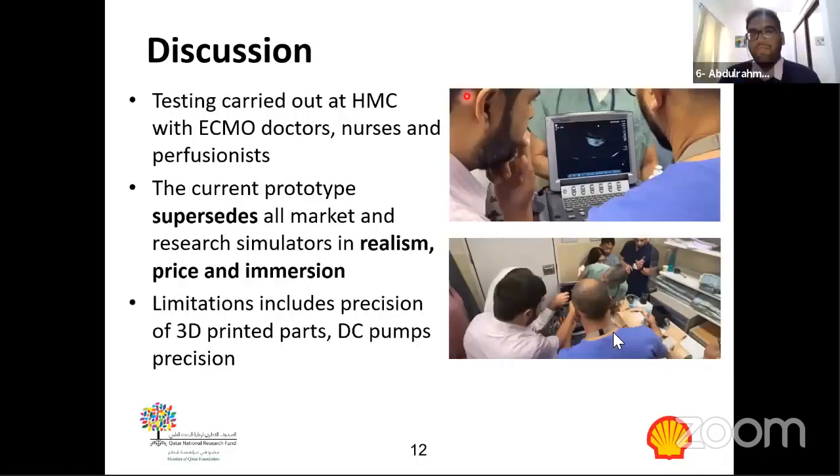Did you compare your approach with another approach? In Poland, they have a prototype of an extracorporeal membrane oxygenation chemotherapy simulator. There is a paper published in 2018 in PubMed. I don't know if you are aware of this work. How does your work compare to this work?